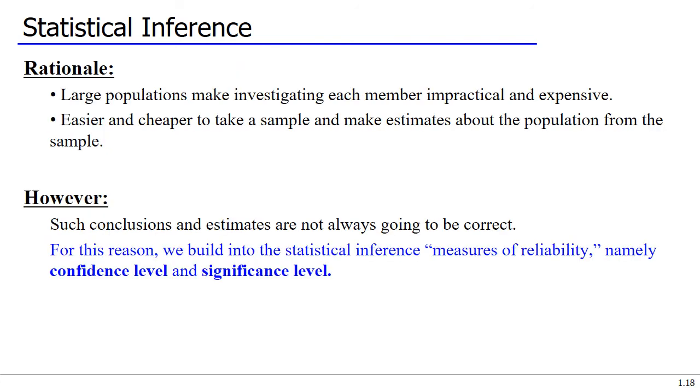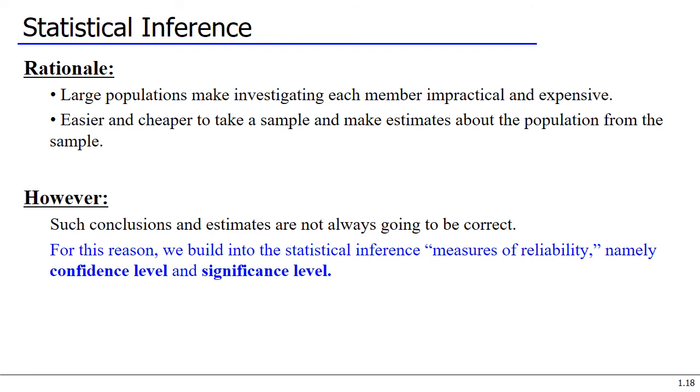Since a large population makes investigating each member impractical and expensive, we need statistical inference. It is easier and cheaper to take a sample and make estimates about the population from the sample. So that's why we need statistical inference.